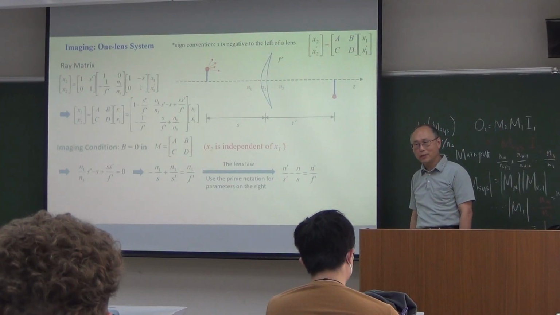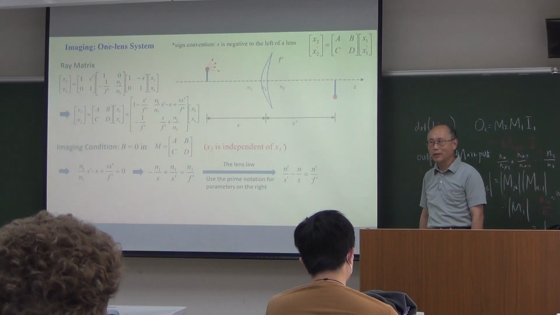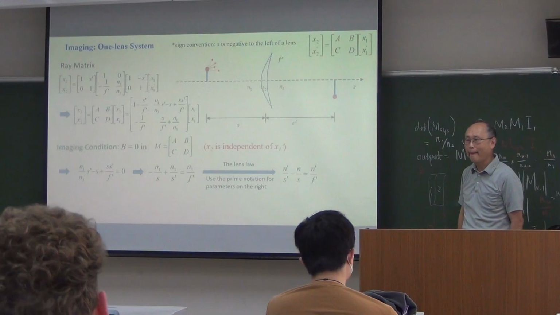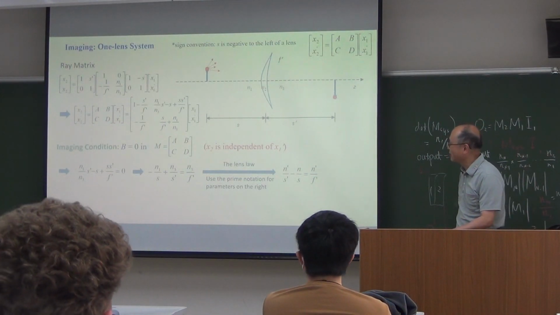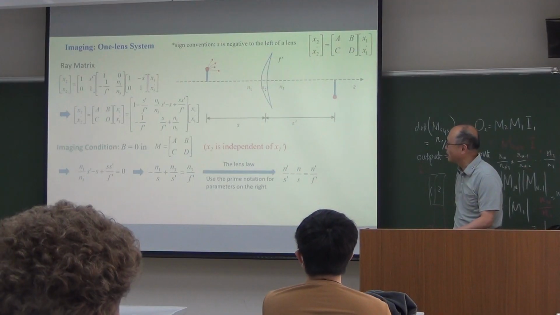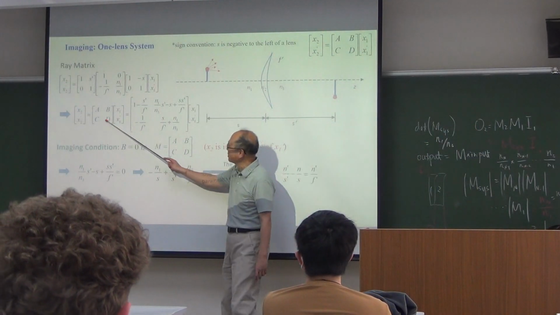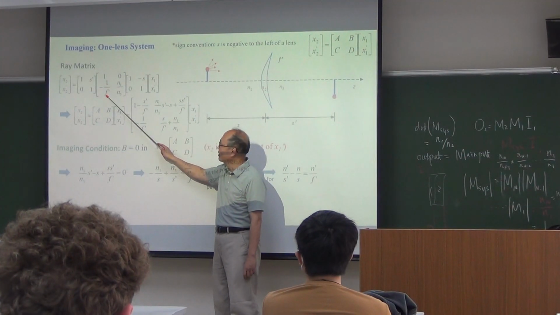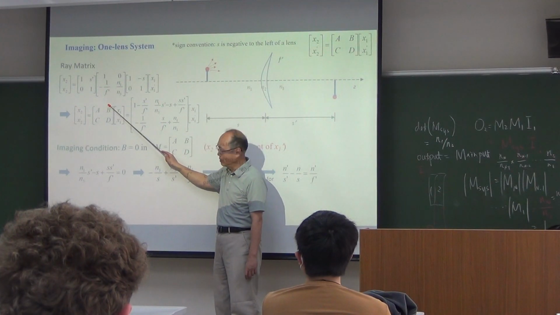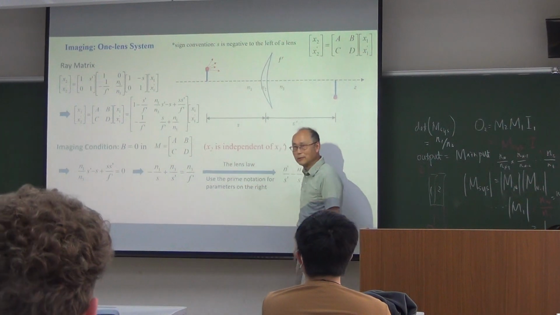ABCD has some physical meaning, and we should understand it. So this is the second thing we learned from this ABCD matrix. Don't forget that this C is minus 1 over F prime. Then this b equal to 0 gives you the lens law.